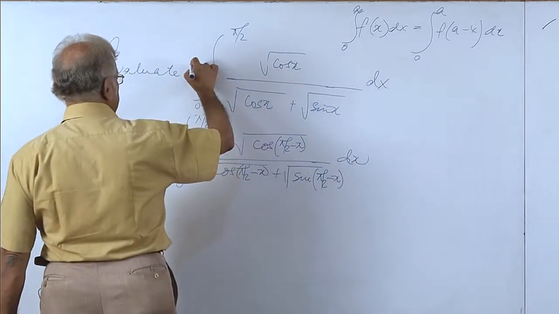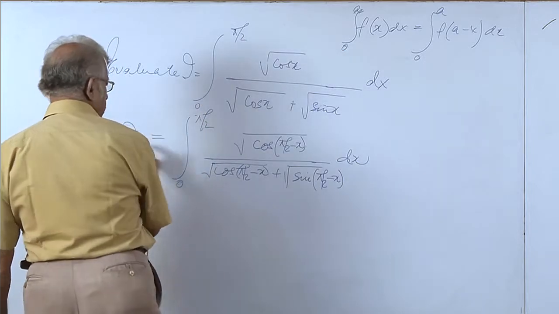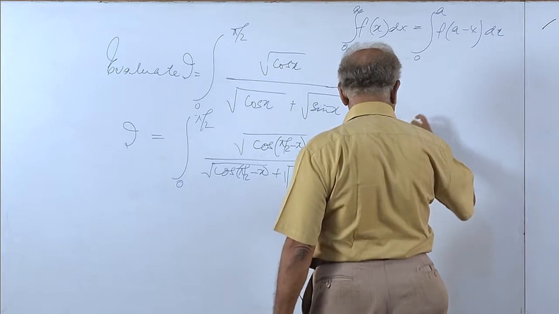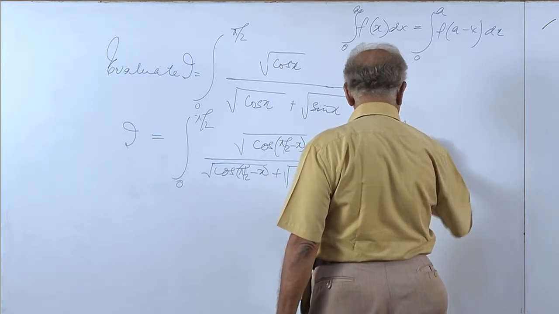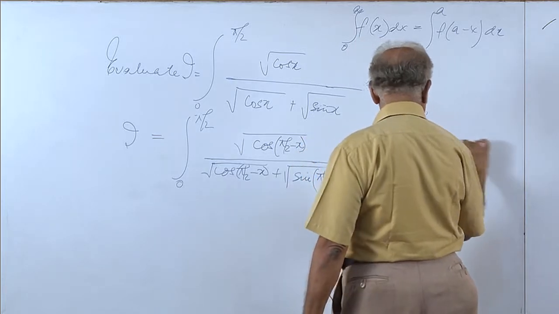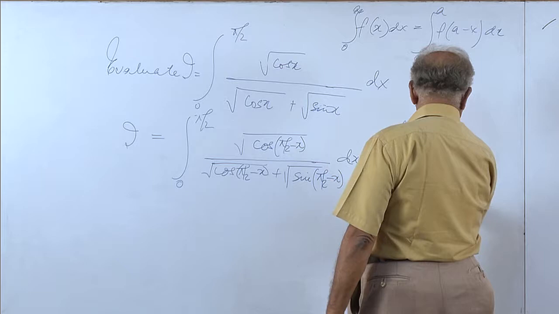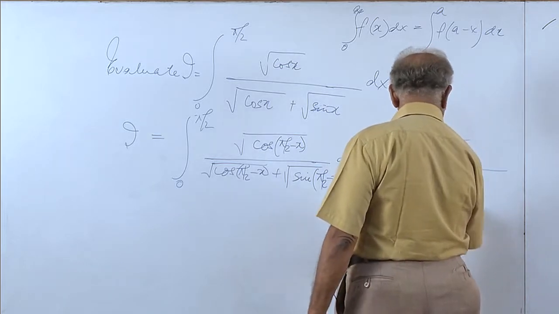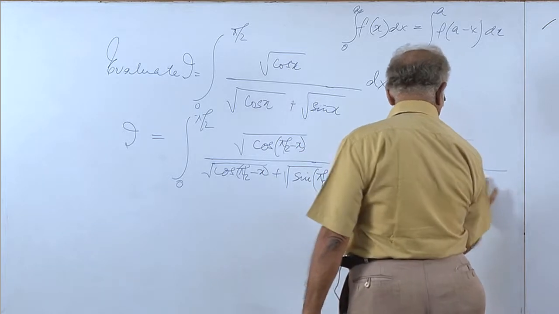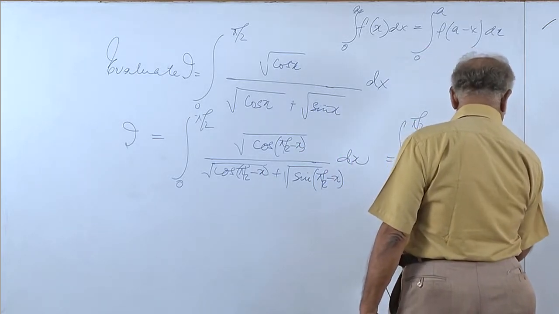So, if we call this I, then I is also equal to, and this is nothing but the integral 0 to pi by 2 of root sin x divided by root sin x plus root cos x.